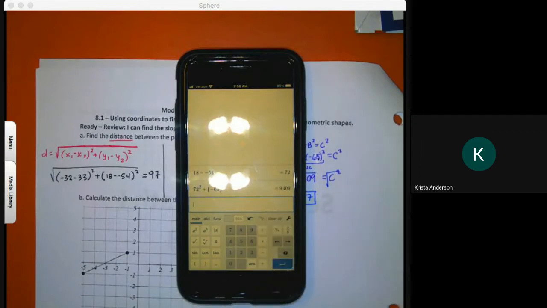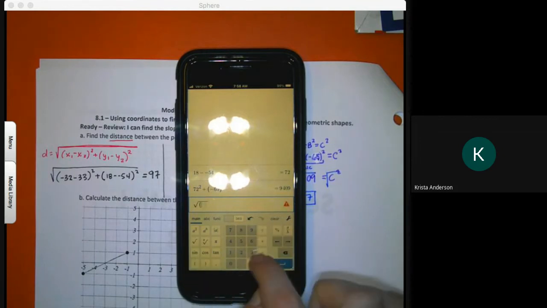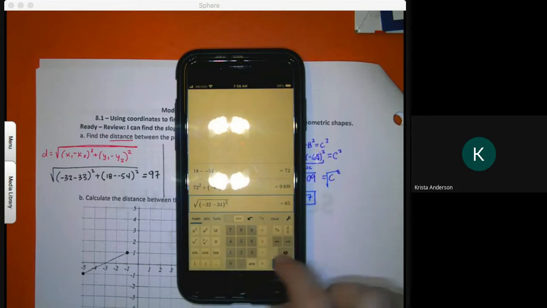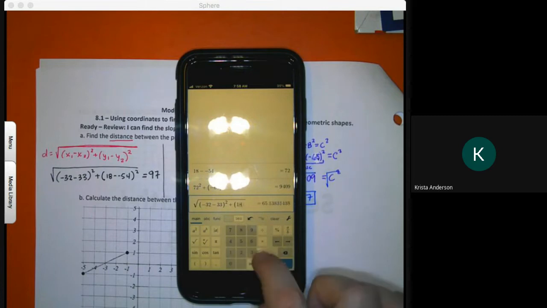The only frustrating part is when it gives you decimals. You would have to type it in without the root and then put the root over it, which I can show you. So square root, parentheses, -32 minus 33 squared plus parentheses 18 minus a -54 squared is 97.